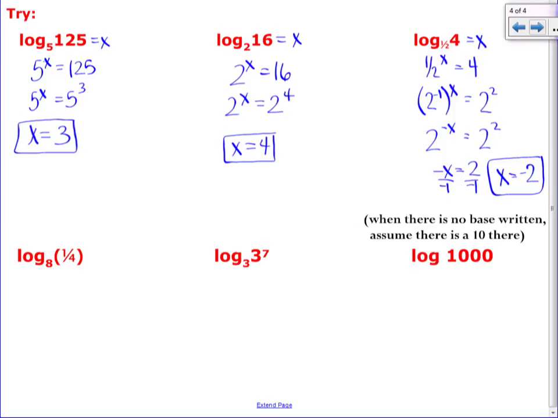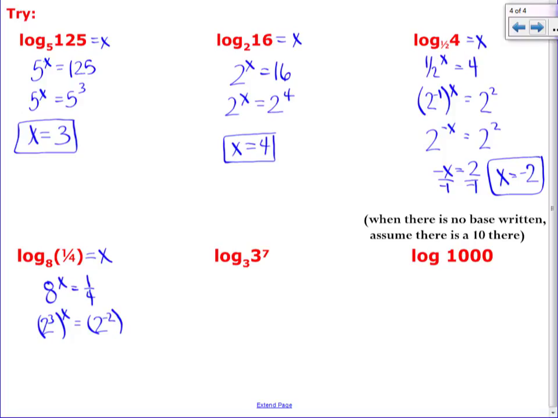Okay. This one. Set it equal to x. Rewrite it in exponent form. We need to change both of these to base numbers. What's 8? Yep. What's this guy? 2 to the negative 2.